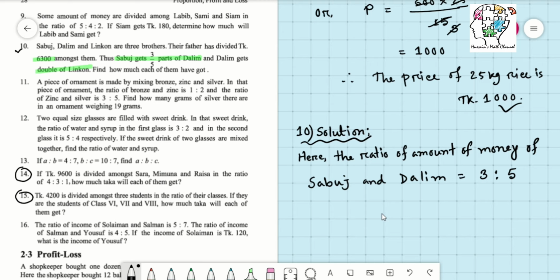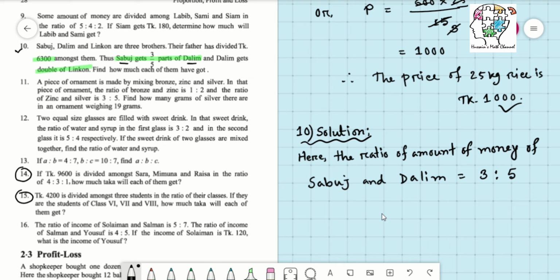Why is that? Because here the fraction given is 3 by 5, and we know that a fraction is a ratio. The two names are Shobuj and Dalim, so Shobuj is to Dalim is 3:5.